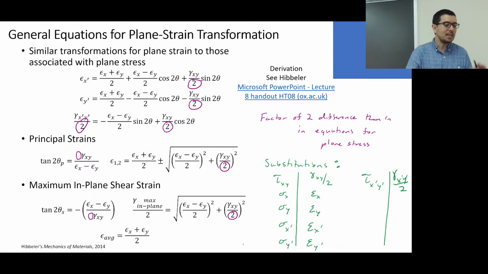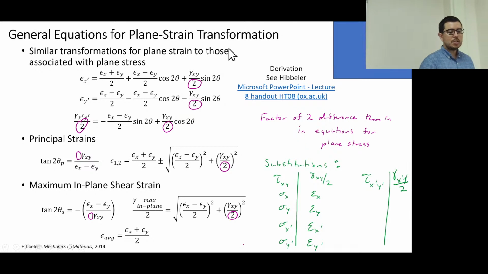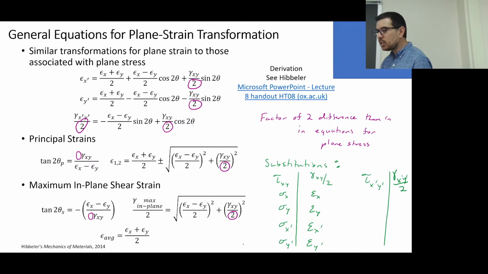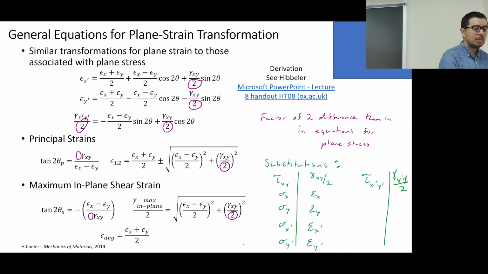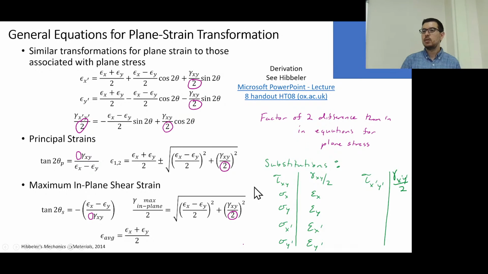And why? That's because when you do this math and you do these transformations and the rotations of the tensors, it's dealing with these half values, okay? And so it is something that we have to keep in mind. So tau xy, these are the substitutions essentially if you want to make them.